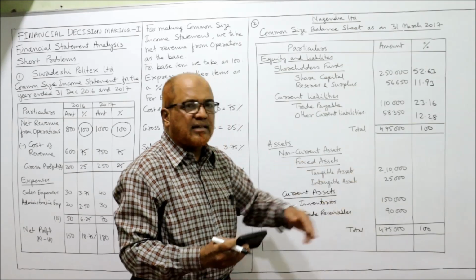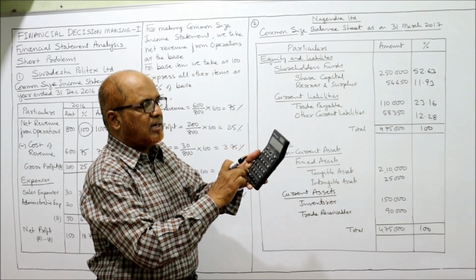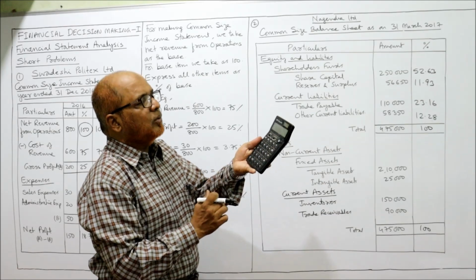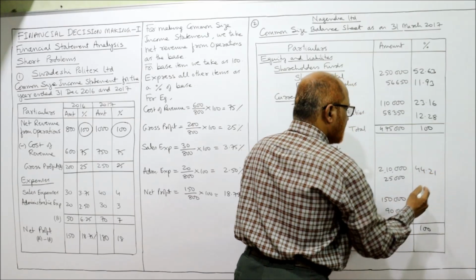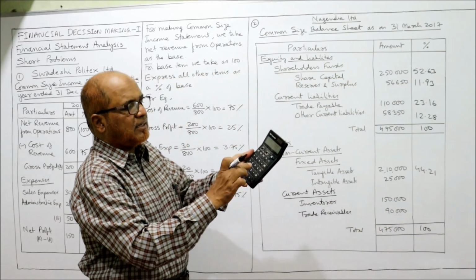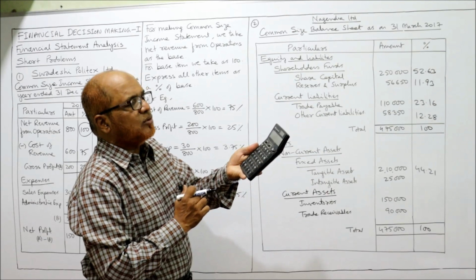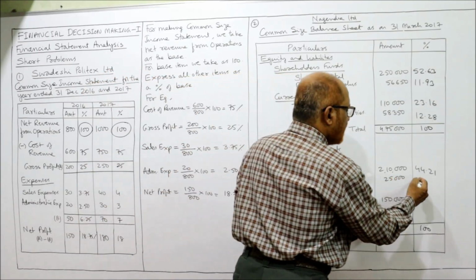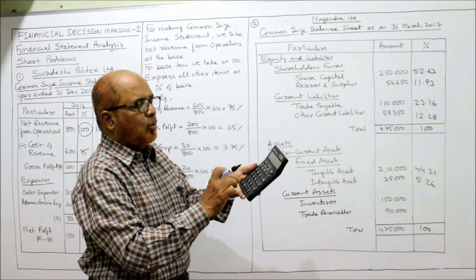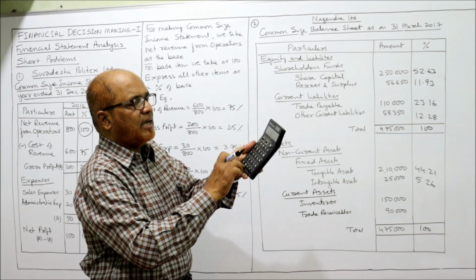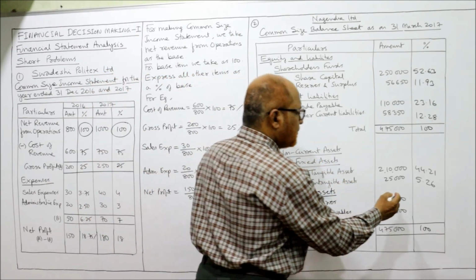What is the value here? 2,10,000. So 2,10,000 divided by 4,75,000 into 100, you will get 44.21. Then 25,000 divided by 4,75,000 into 100 comes to 5.26. Next one is 1,50,000. 1,50,000 divided by 4,75,000 into 100, you will get 31.58.